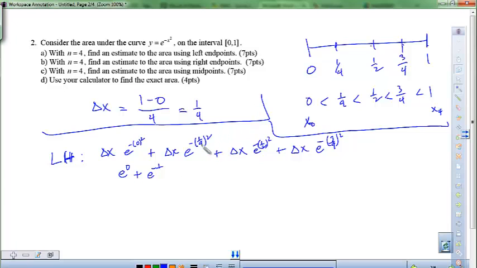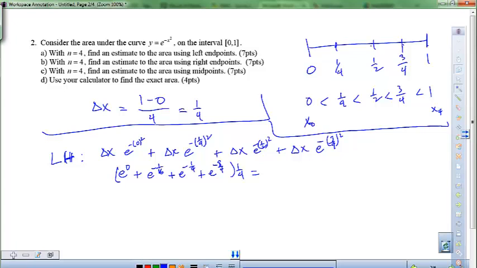I guess this is 4 squared, so that's 16, plus e to the negative 1/4, plus e to the negative 3/4. Let's call it 9/4. And then multiply everything by 1/4. That's delta x that we factored out. So this one we can punch into the calculator. We'll do that a little bit later.